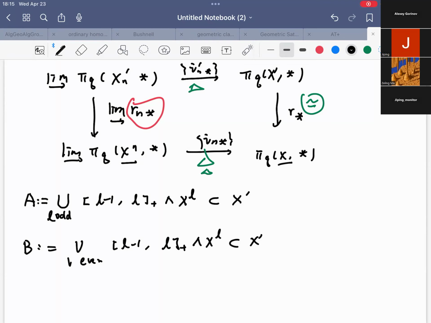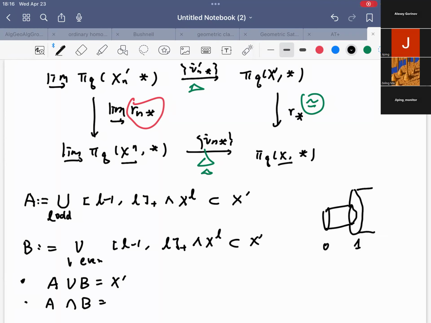So easily you can see the union of A and B is equal to X prime, and the intersection looks like, you just take the intersection in every X_L.